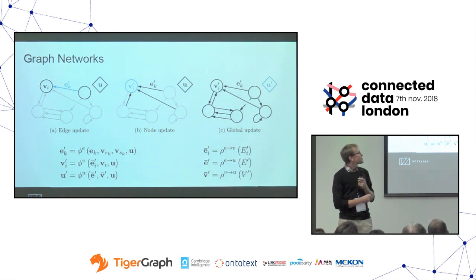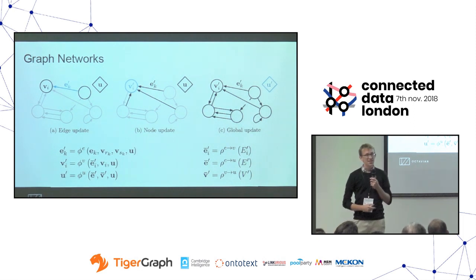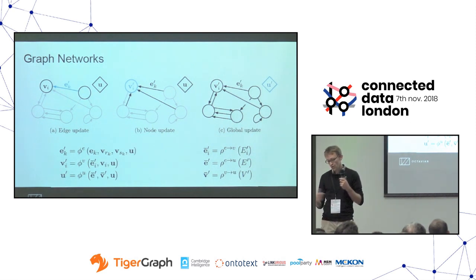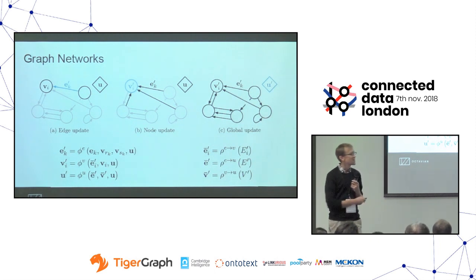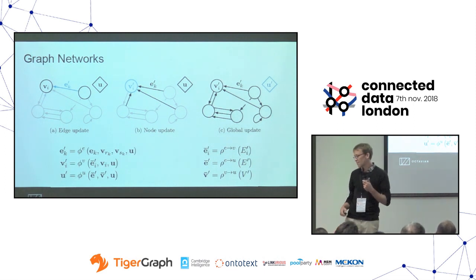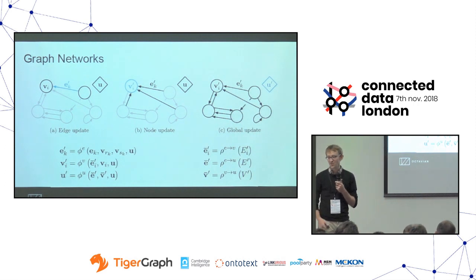But this paper presents this concept called graph networks, and they present this algorithm, which they say is a generalization of many, many different graph algorithms. So this is a generalization that includes things that have nothing to do with neural networks. So you can fit PageRank within this algorithm they present, but they propose it as being useful for training graph networks. So the algorithm they propose is, first of all, you take every edge, and you look at the nodes it's connected to, and you update the properties of the edge.